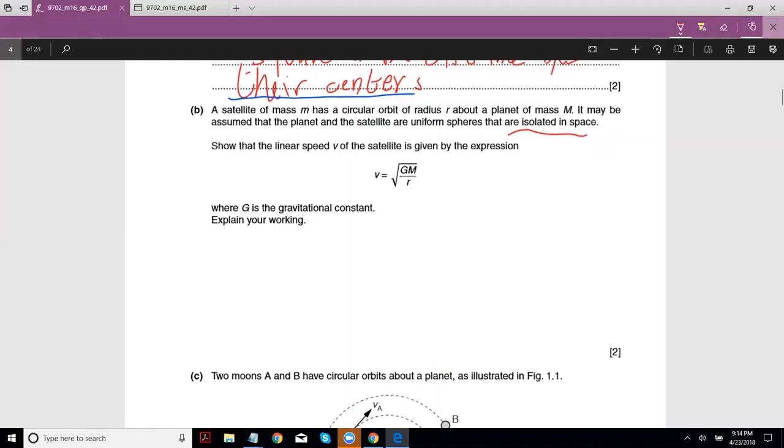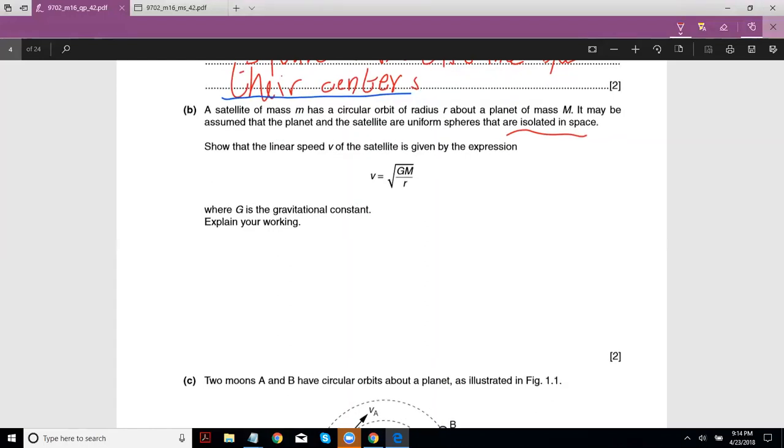So you take the force provided by gravity as centripetal force. So you have GMm over r square, and this is mv square over r. Basically idea is, in this case r is the same because it's just the radius of the orbit of the satellite.